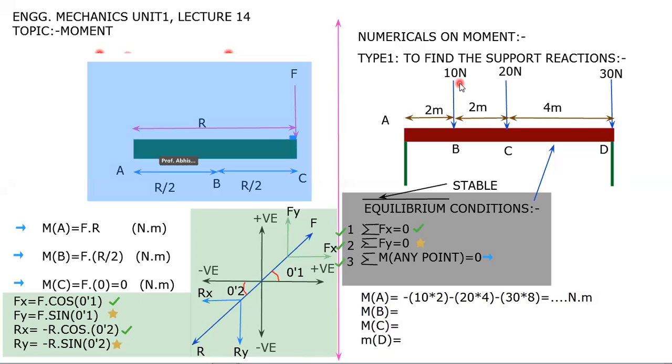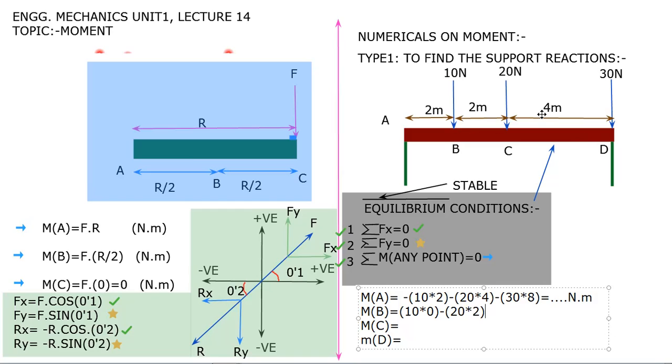How can you find the moment at the point B? Let's try to calculate it. At the point B, the 10 Newton force is acting, which is passing through the point B. So the moment 10 multiplied by 0 will be 0. Next is 20 multiplied by the distance from the point B, which is 2, but it has the clockwise direction, so we will assume the negative sign, minus 20 multiplied by 2.